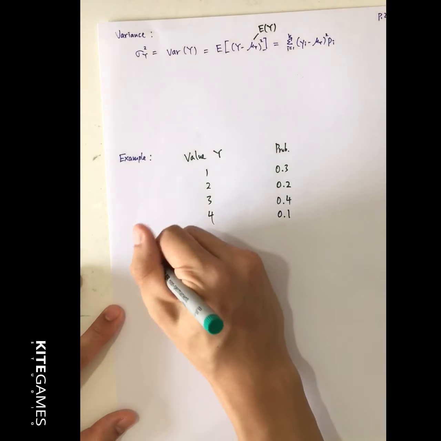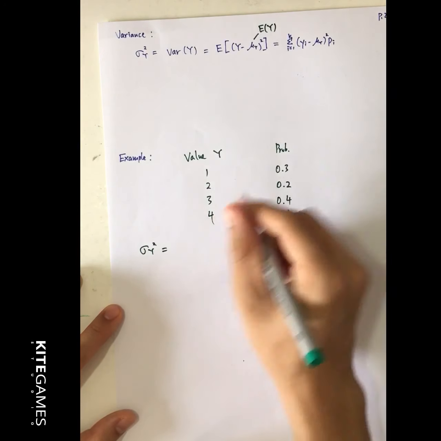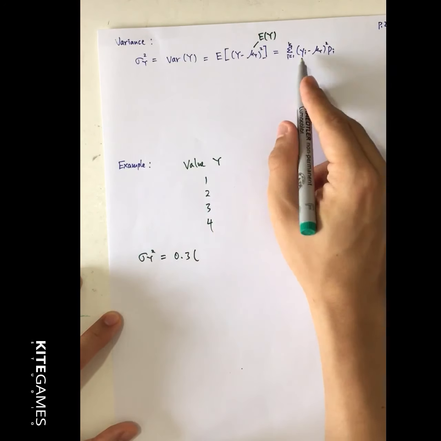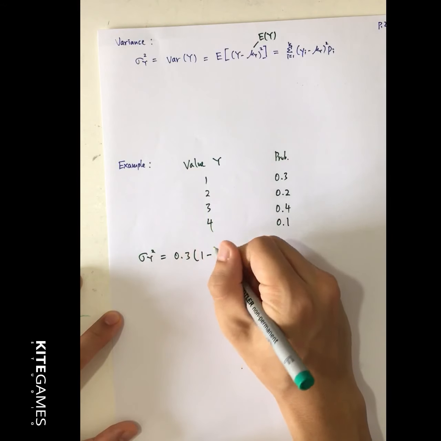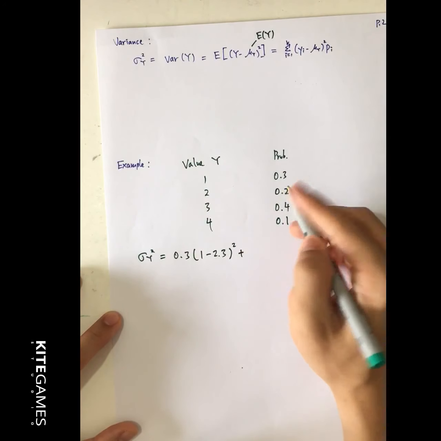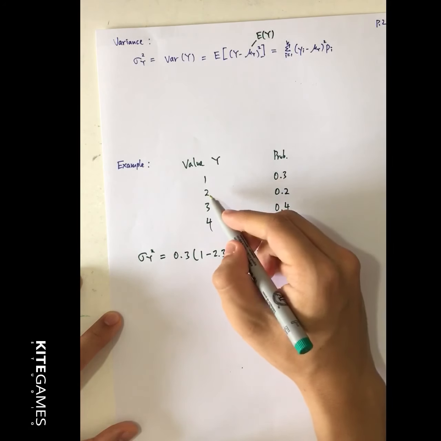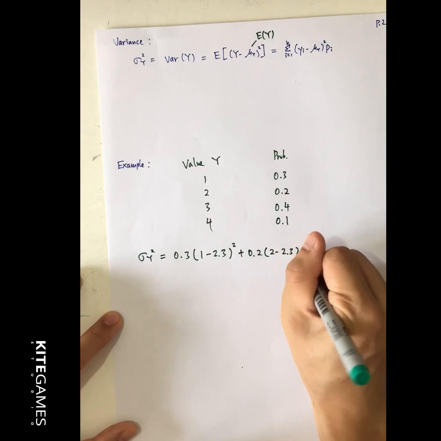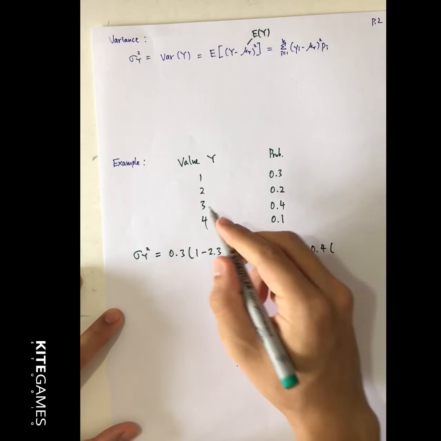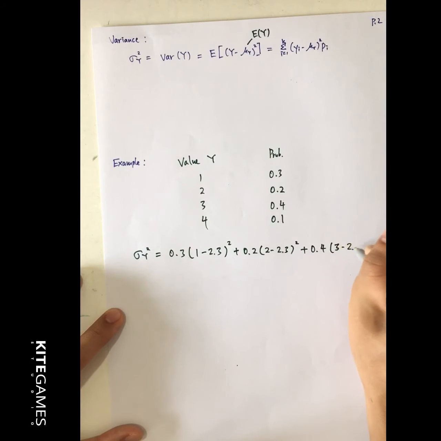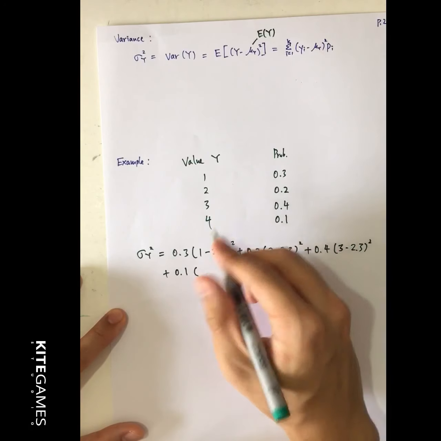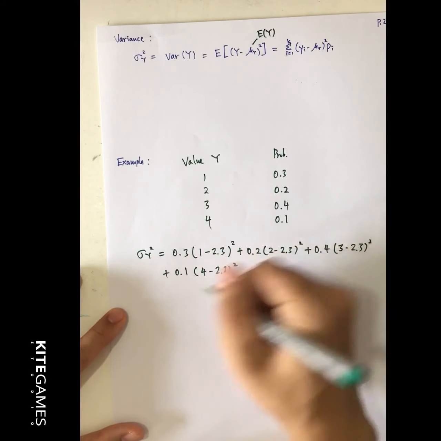So here, the variance of y is equal to the probability 0.3 times the value of y, 1, minus the mean, 2.3, and don't forget to put a square here, plus the second probability, 0.2, multiplied by the value of y, which is 2 here, minus 2.3 squared, plus probability 0.4 times the value of y equal to 3 minus mu, finally, plus probability 0.1 times the value of y4 minus mu, squared.